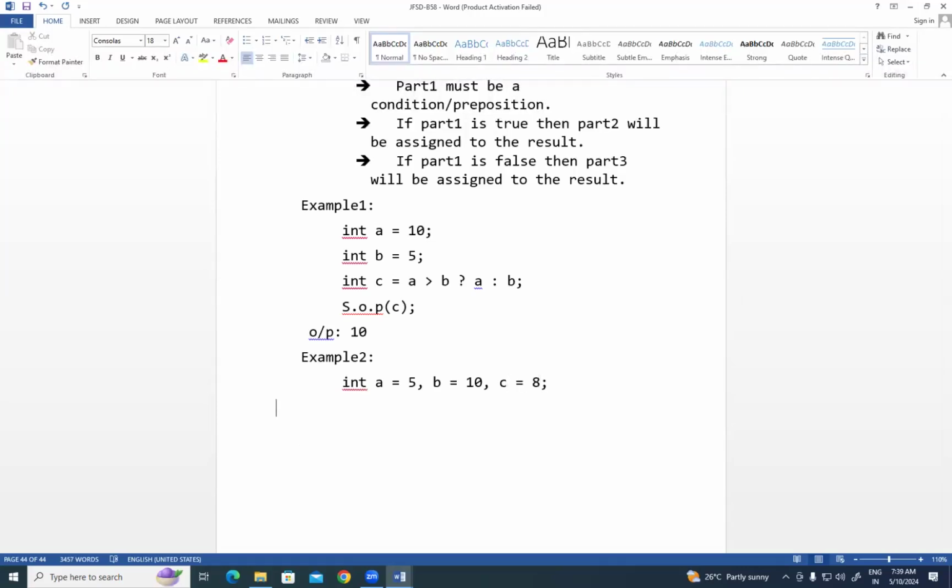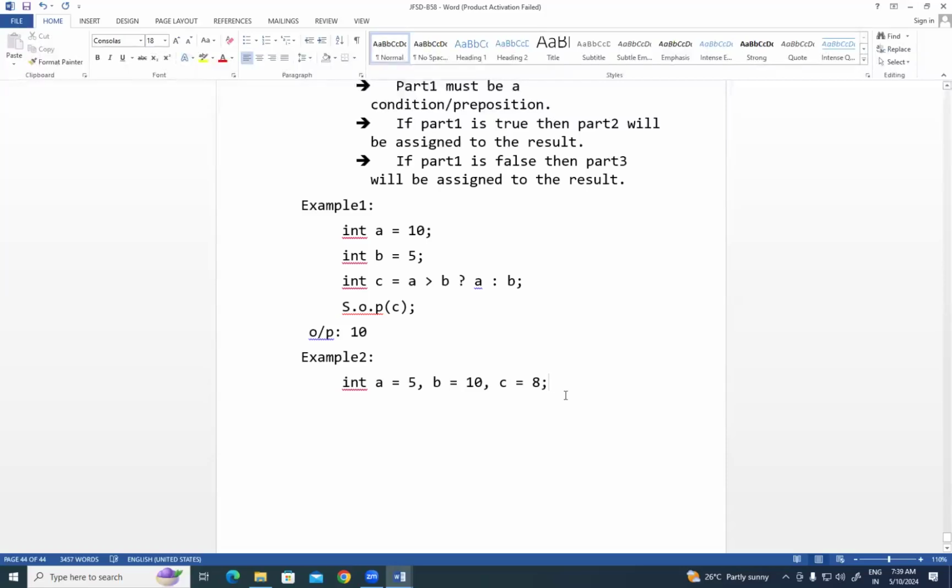How many variables have I declared in this line? 3 variables. I can declare multiple variables in a single line if they are of the same data type. A, B, and C, all 3 variables belong to the int data type. Am I clear, folks?